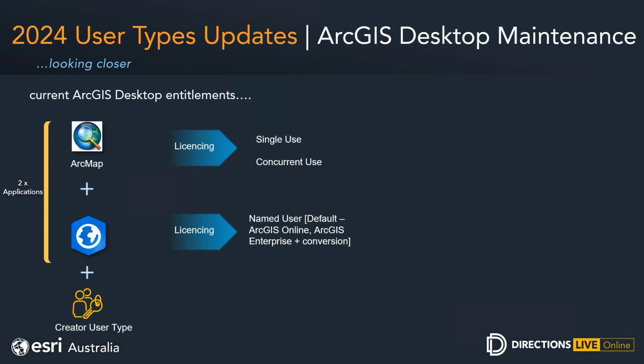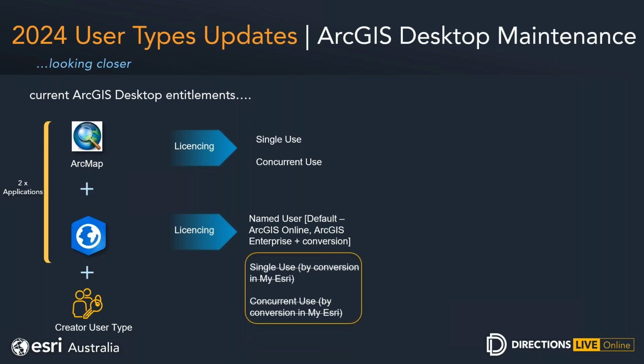For ArcGIS Desktop, the combination of ArcMap and ArcGIS Pro is no longer available for purchase. Therefore, there is no option to purchase new ArcGIS Pro user types to convert them to single or concurrent use. So existing ArcGIS Desktop license holders will have their entitlements for ArcMap and ArcGIS Pro perpetually. However, the software updates and technical support will end on the 1st of March in 2026.